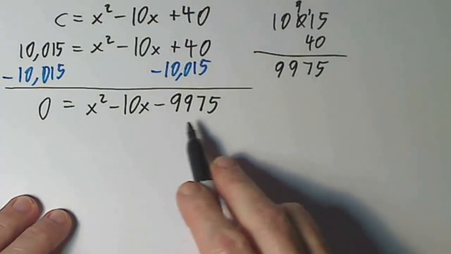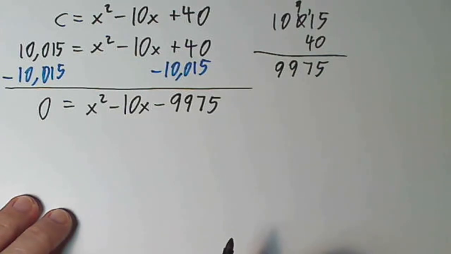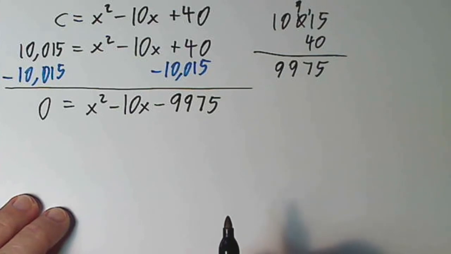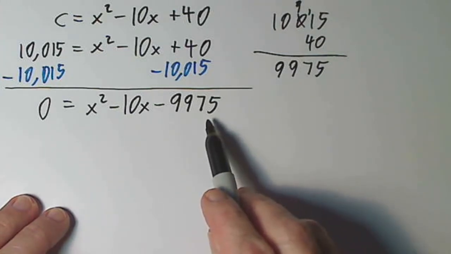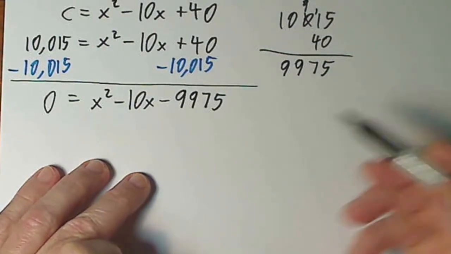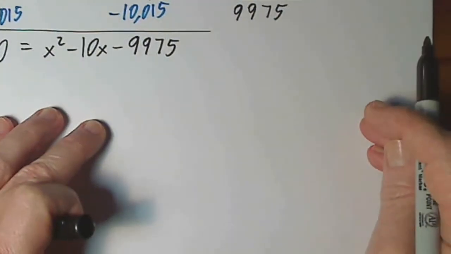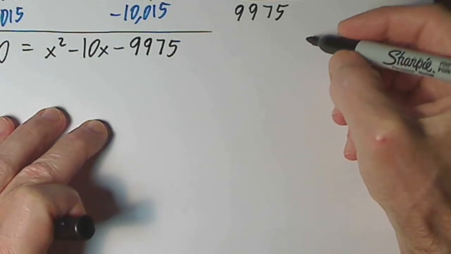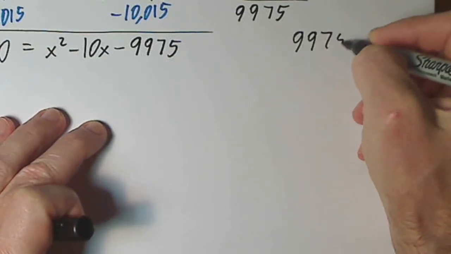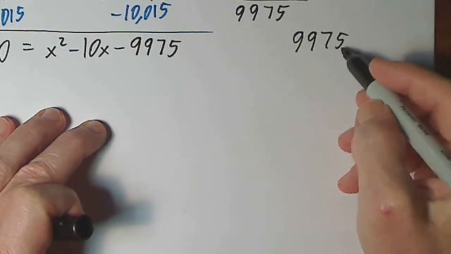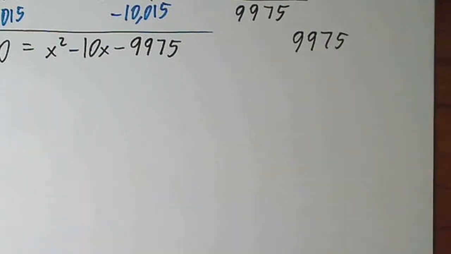Whatever factors multiply to give 9,975, those factors are comprised of the prime factorization of this number. So let's come up with the prime factorization for 9,975. Notice it ends in 75, so 25 will go in there.